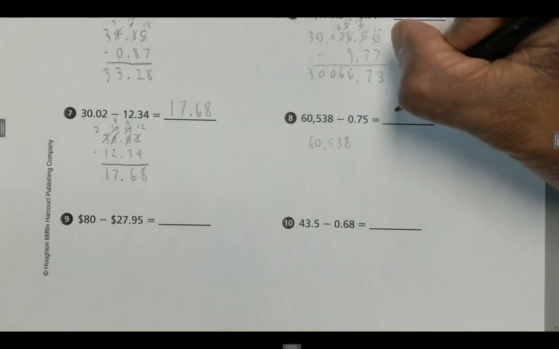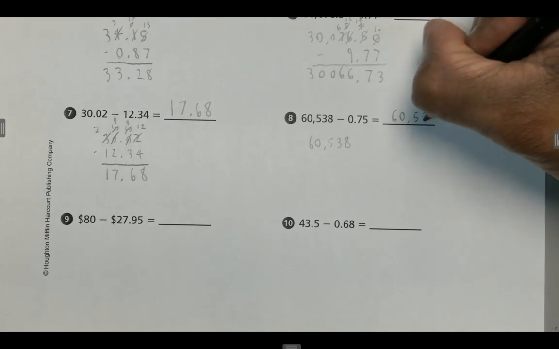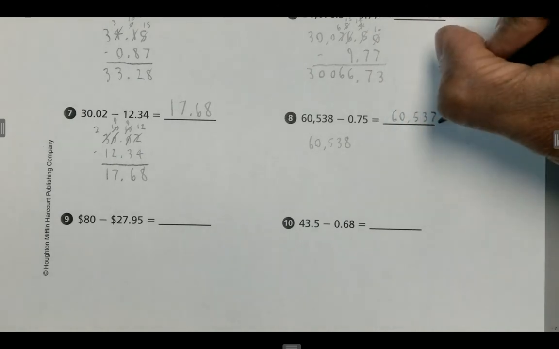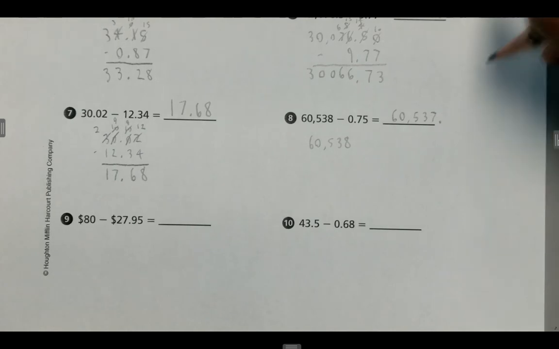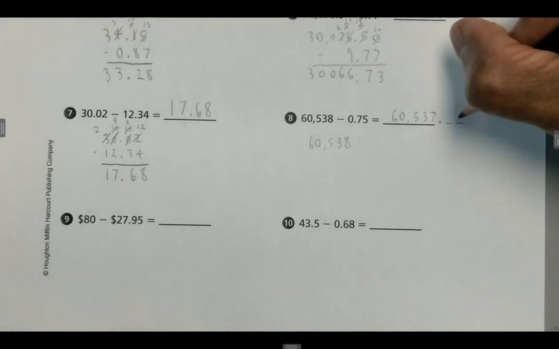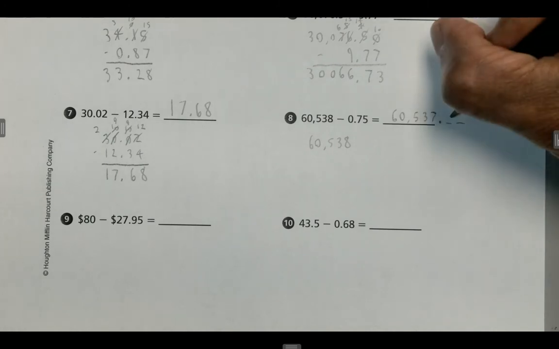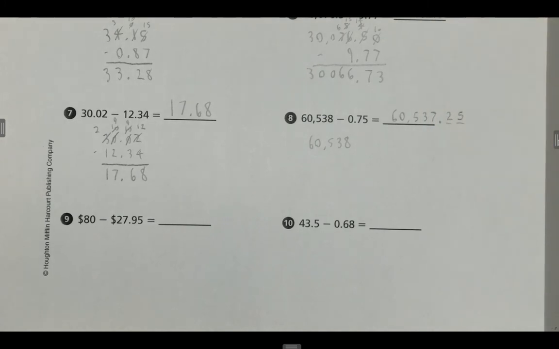Well, I'm not taking 1 away. So this is not the answer. But can you guess what's going to go in here? If you guessed 25 hundredths, I think you were right. Now let's prove it.